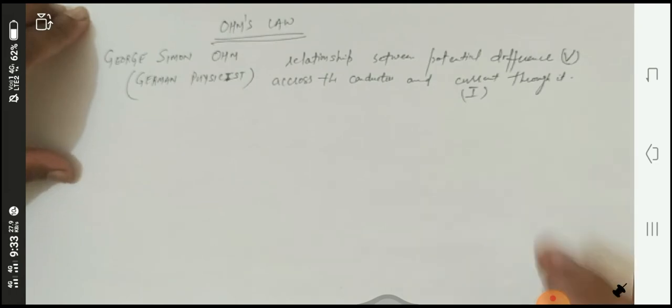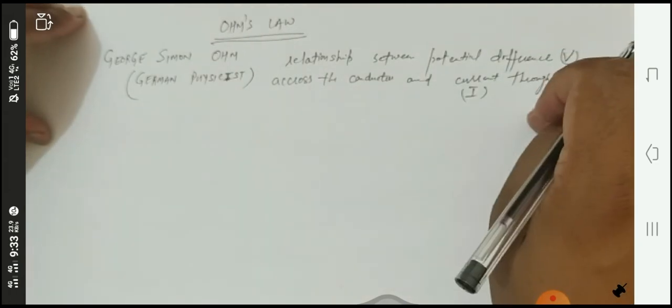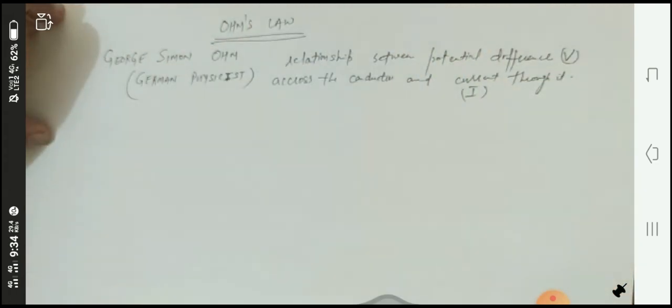The relationship between potential difference and current is known as Ohm's law.